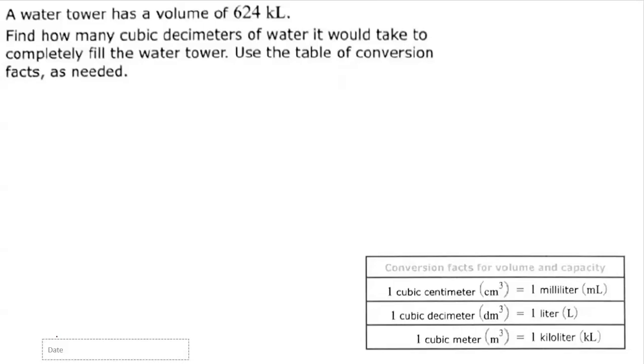This next slide says a water tower has a volume of 624 kiloliters. Find how many cubic decimeters of water it would take to completely fill the water tower. Use the table of conversion facts as needed.